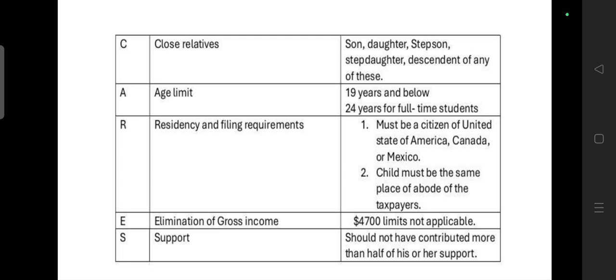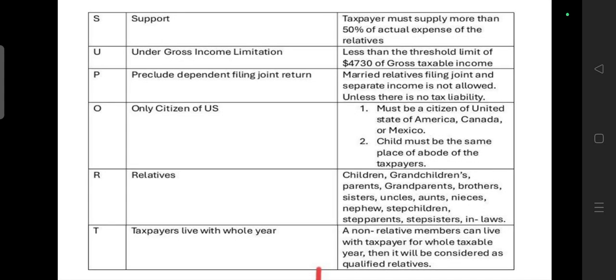But the last test is support. If the child contributes more than half of his actual expenses, then he falls out of the purview of a dependent child.